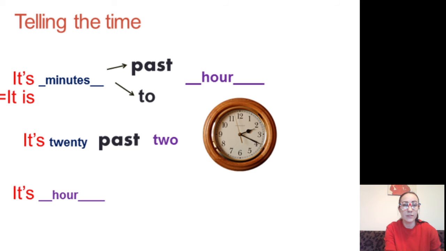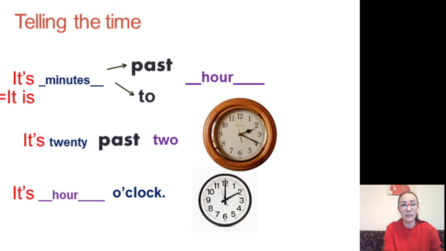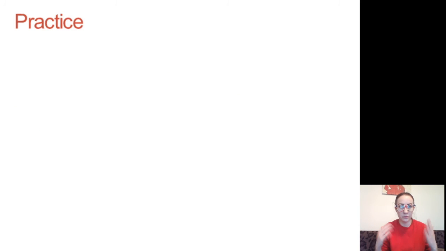Let's look at another example. When we have a full hour, we say it's plus the hour plus the word o'clock. For example, it's 2 o'clock. It's the full hour. So now let's have some practice, shall we?